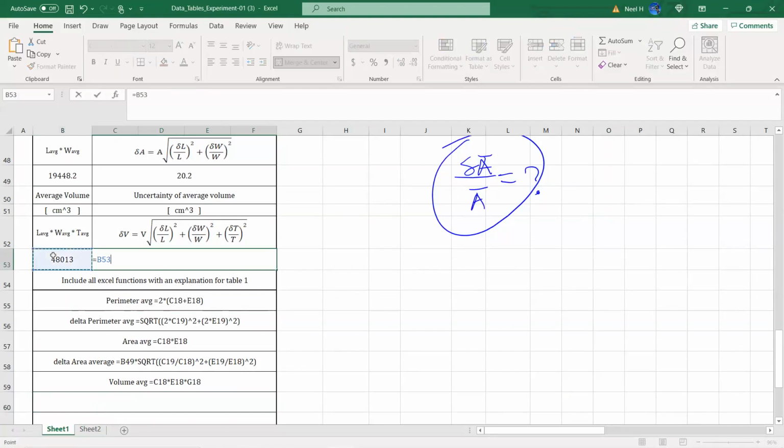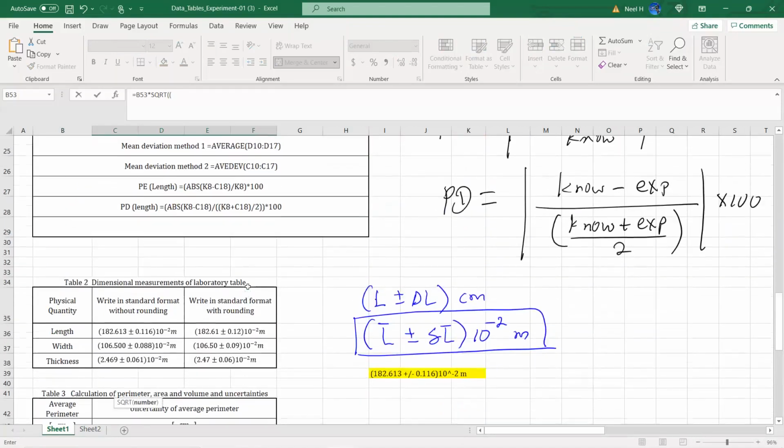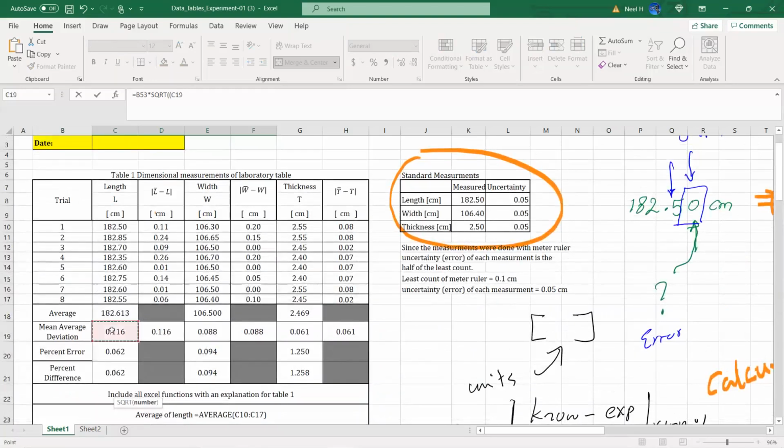So let's write it down here. Equal, volume calculated, multiply SQRT, open brackets, open another bracket for the fractional error. Error for the length, divide by the length average, close bracket, power 2, plus open bracket, error for the width, divide by the width average, close bracket, power 2, plus open another bracket, error for the thickness, divide by the thickness average, close bracket, power 2, close bracket for the square root, hit enter.